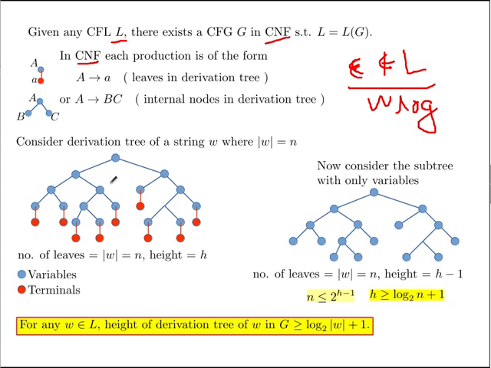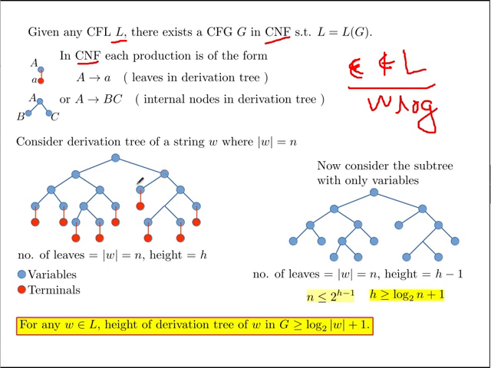Now, how does a derivation tree look like in this CNF grammar? See, all the internal nodes are variables, and this branching corresponds to a production, right? So that means this is a variable where we apply this sort of production. So if this is A, then this will be B and this will be C, and all the branching are of this form.